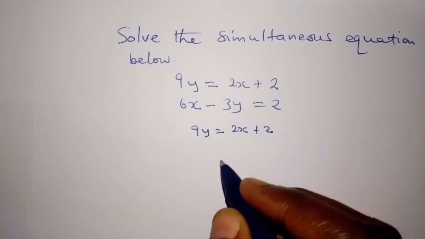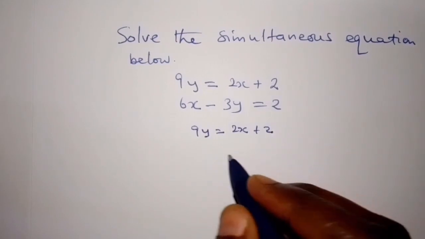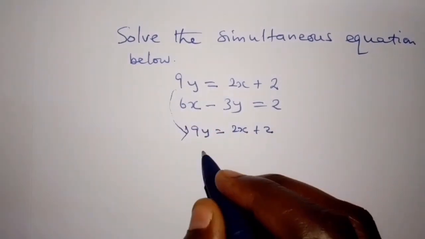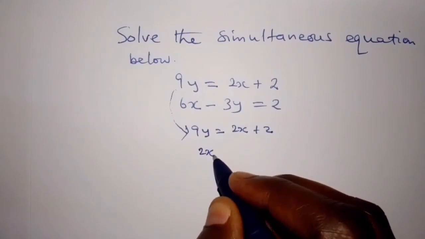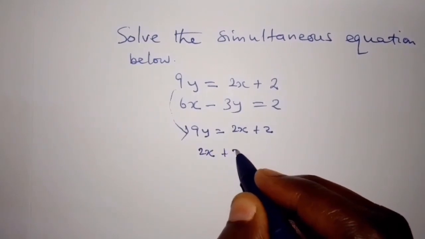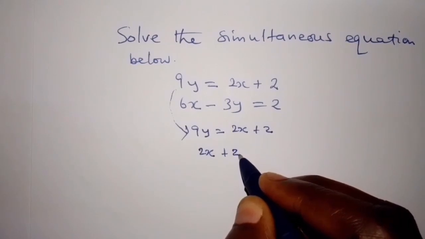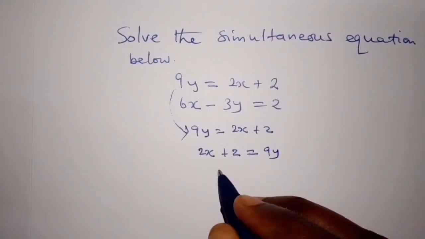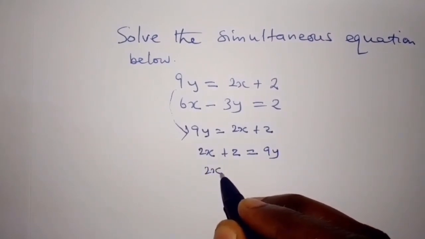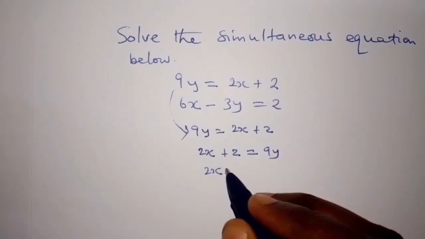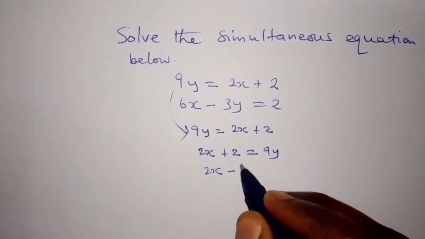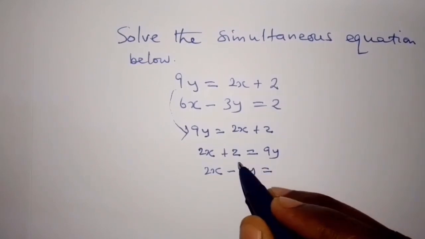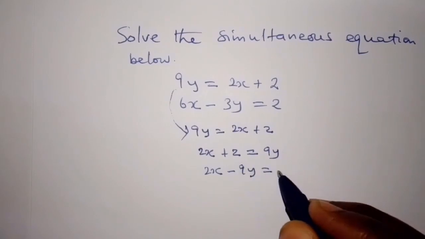We can write it as 2x plus 2 is equal to 9y. 2x, we can bring 9y to the other side. 2x minus 9y is equal to, we can bring positive 2 to the other side, negative 2.